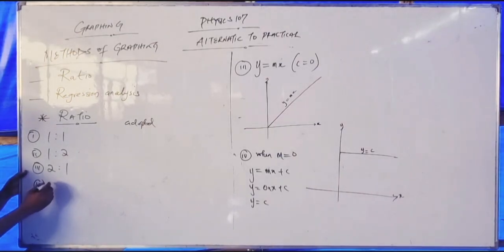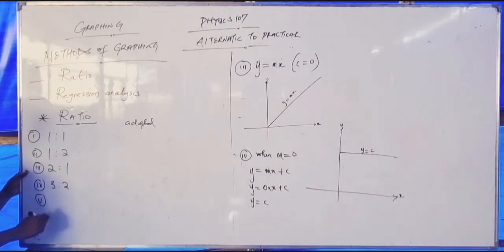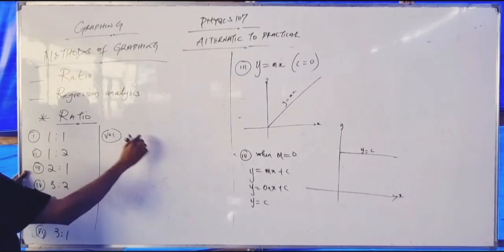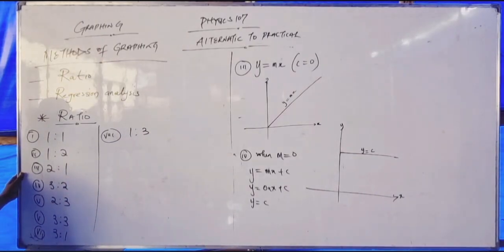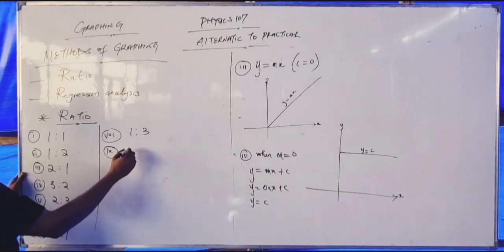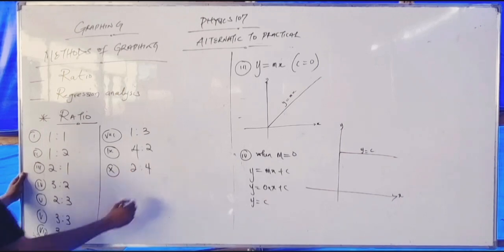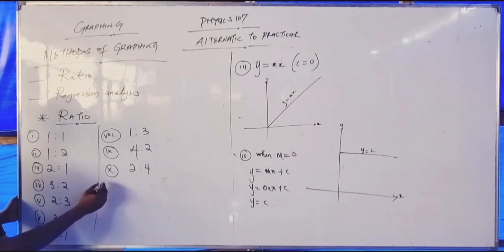We also have 3:2, 2:3, and 3:3. We can also have 3:1, 1:3, 4:2, and 2:4.